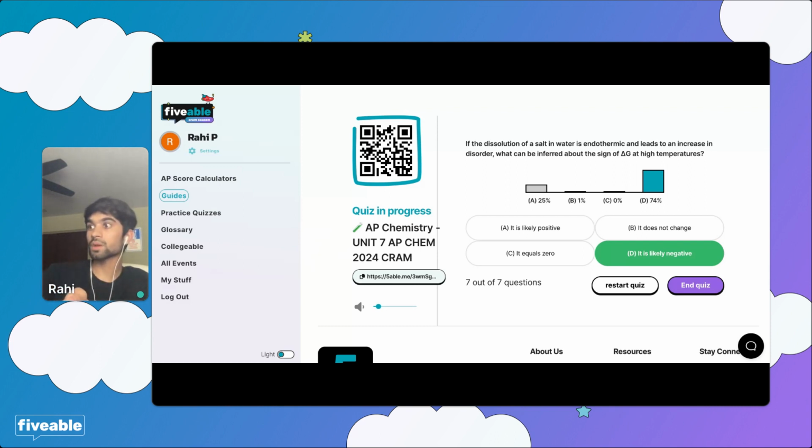If temperature is also high, you have a large positive minus another large positive, and if your temperature is high enough, delta G will be negative.